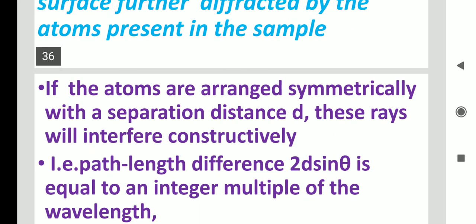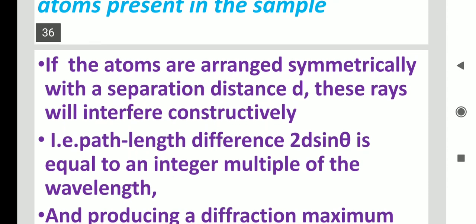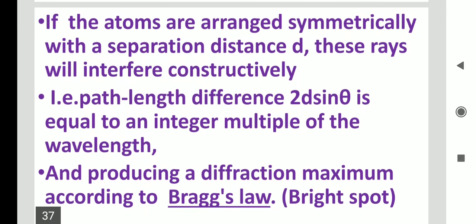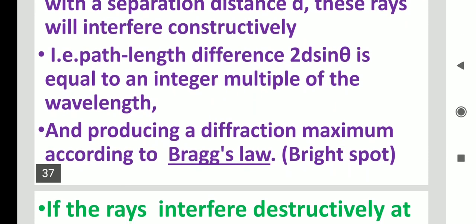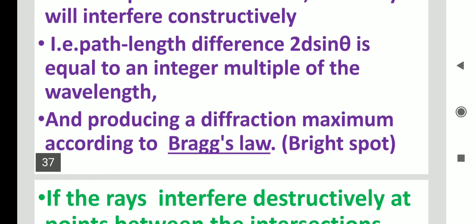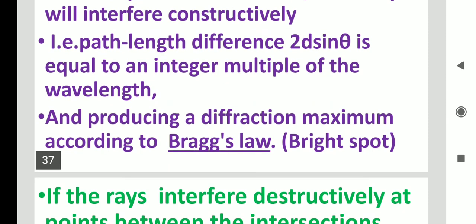If the atoms are arranged symmetrically with separation distance d, these rays will interfere constructively. If the separation between two planes is d, the path difference 2d sin theta equals an integer multiple of the wavelength, that is n lambda equals 2d sin theta, producing a diffraction maximum according to Bragg.